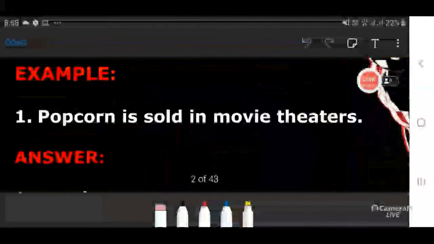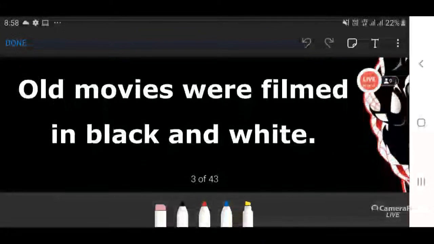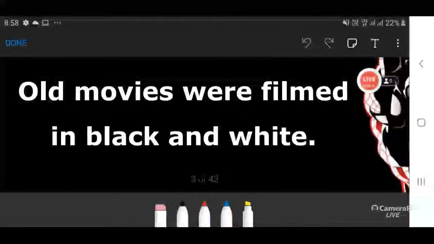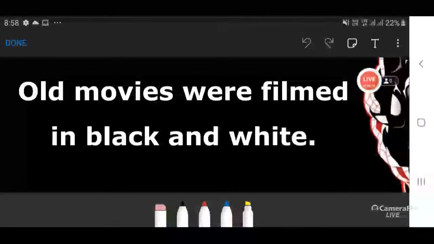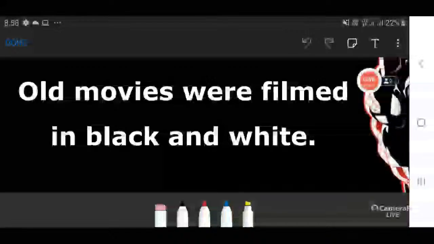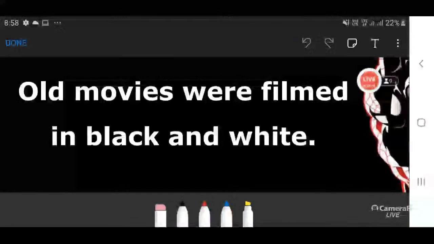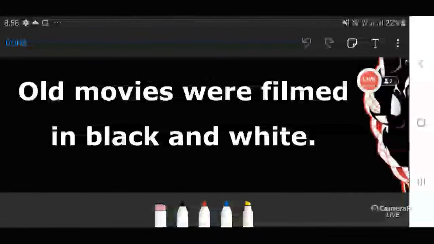Active and passive voice. Identify each verb in the following sentences as active or passive. Okay, now you ask this question to Rishi. Read this question, and then ask whether the verb is in active form or in passive form.